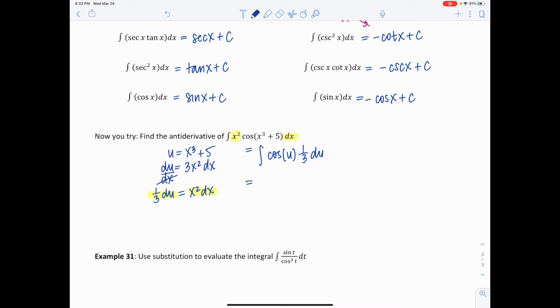Okay, the integral of cosine is sine u times 1/3. I'm going to put that in front. Plus c. 1/3 sine, replace it with x cubed plus 5 again, plus c. And again, you can check that its derivative does actually equal this.